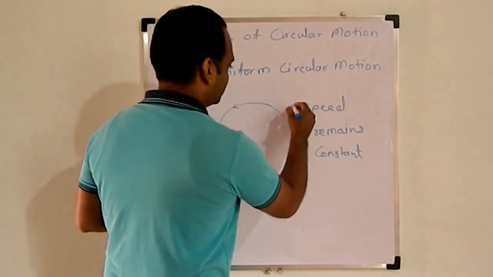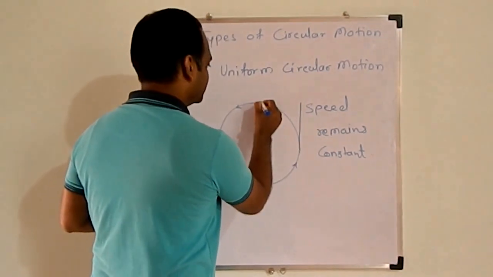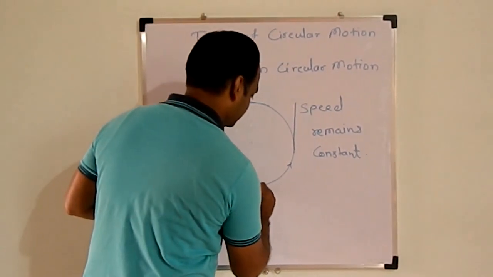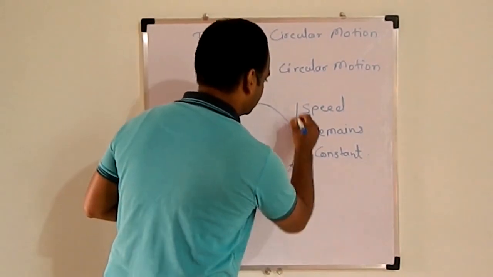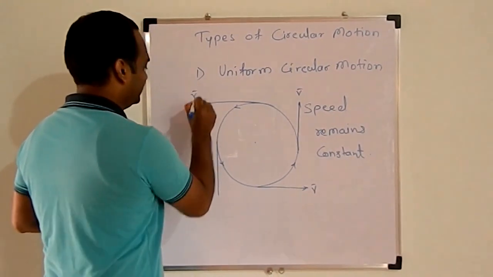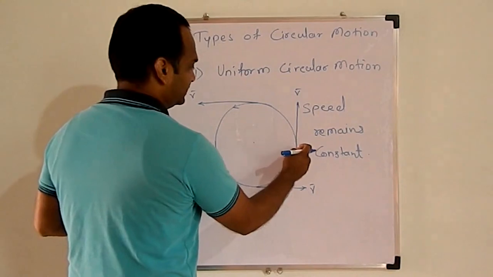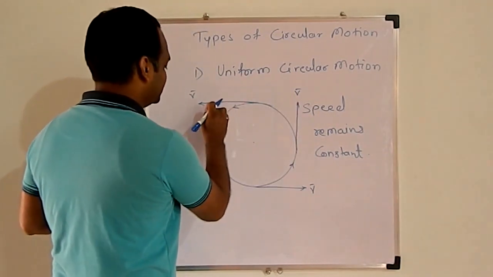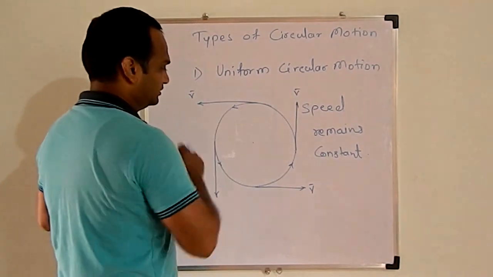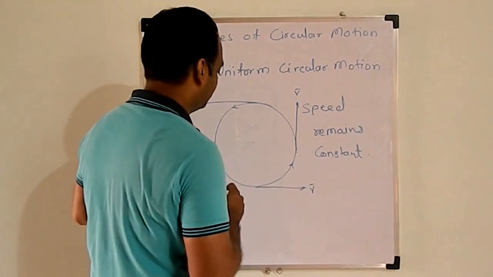In uniform circular motion, the direction of velocity changes at every instant, in such a way that the velocity is always tangential to the path of the object.